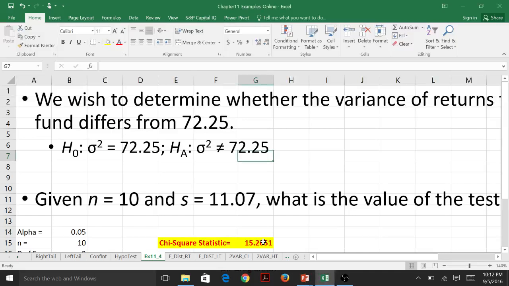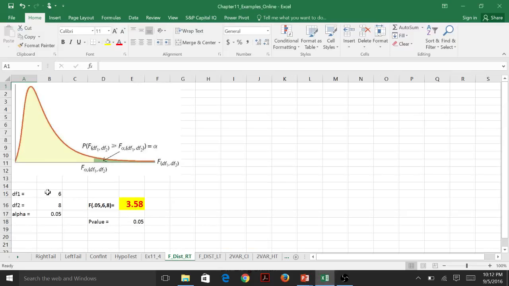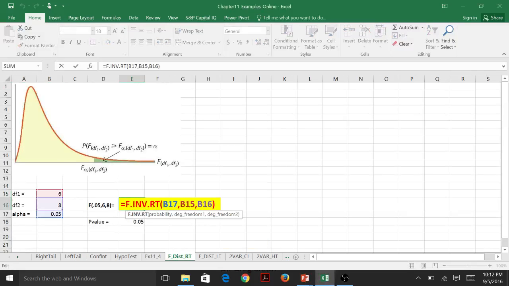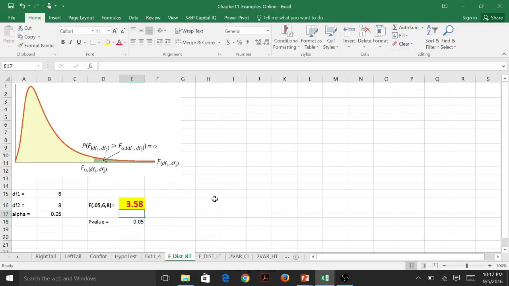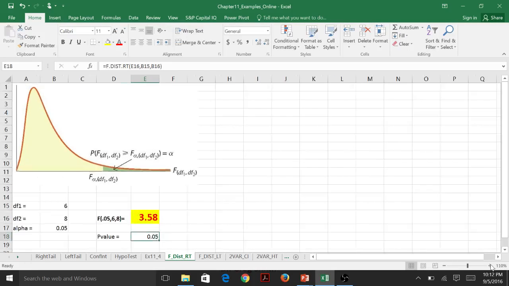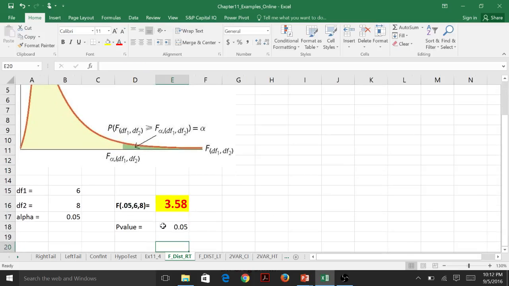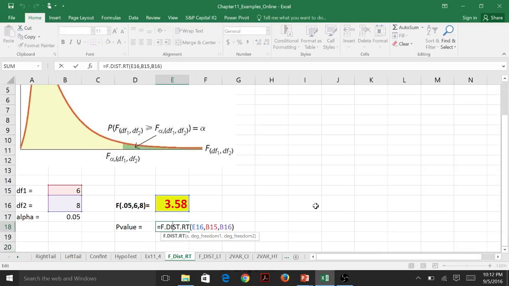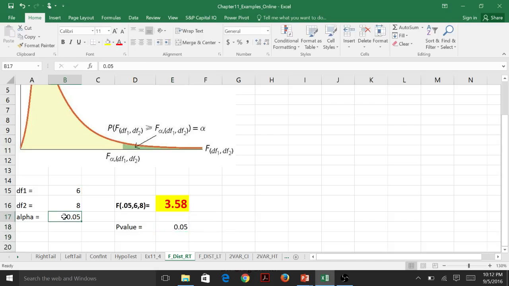Now let's take a look at this. With 6 and 8 going in, that's how I'd calculate it. I could also reverse this by putting in the F and my two degrees of freedom, and it returns that p-value, which was my initial alpha.